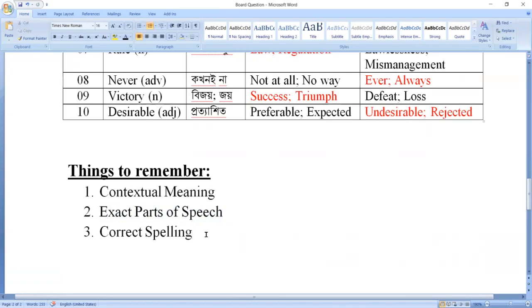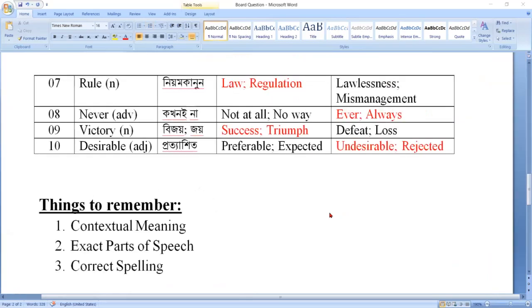Okay, so whenever you are going to solve any question, always try to follow these 3 instructions so that you can correctly write down or correctly solve the question. So okay, dear students, now let's go for some more examples.